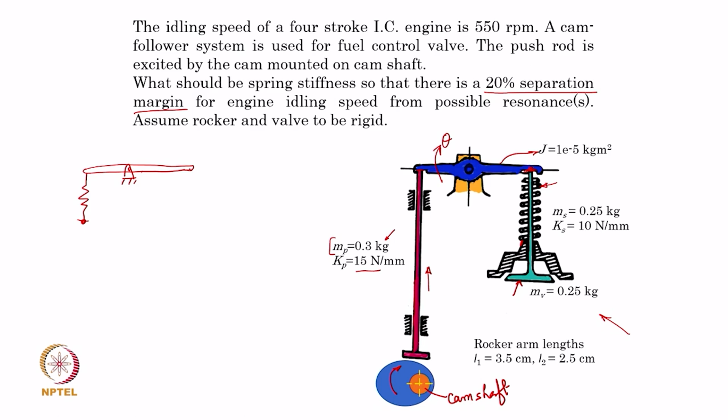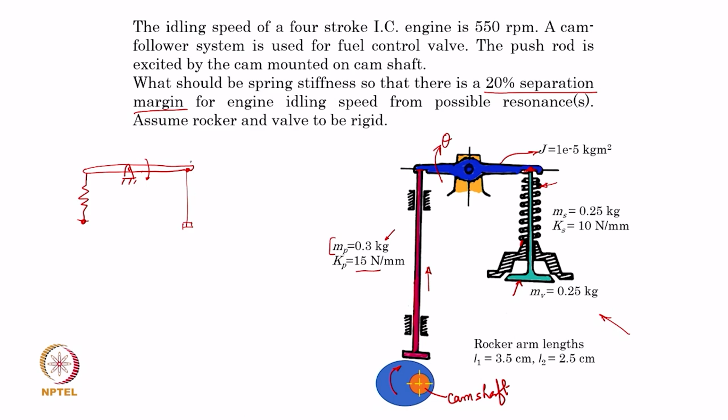At the other end, what is happening is that this valve is connected to this end of the rocker arm. So, there is a valve which is like a cylindrical piece with a flat valve at the tip, but as the rocker arm moves in the angular direction with angle theta, the valve simply gets pushed up and down.